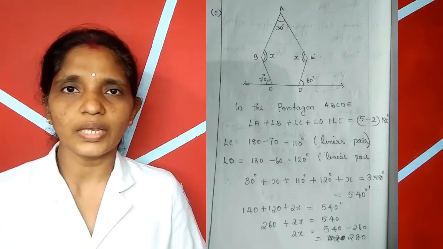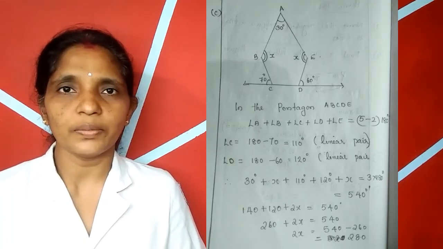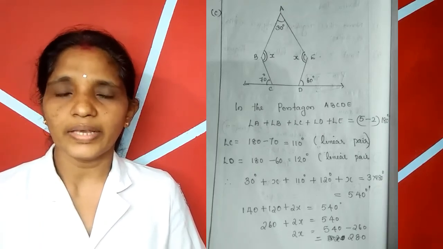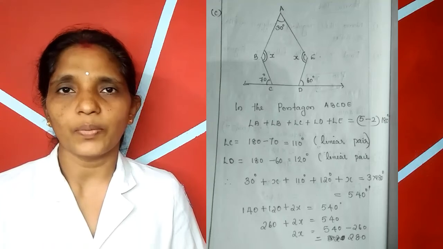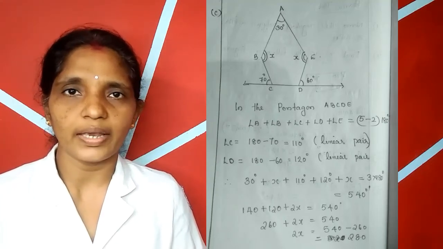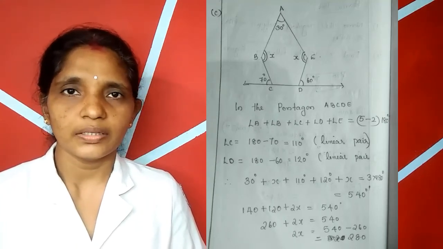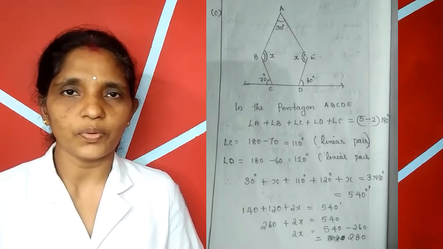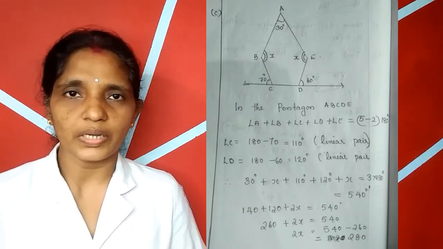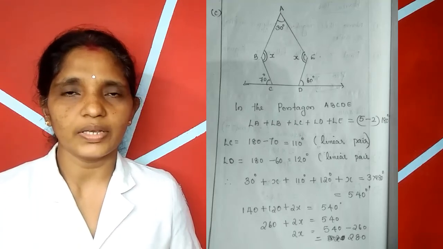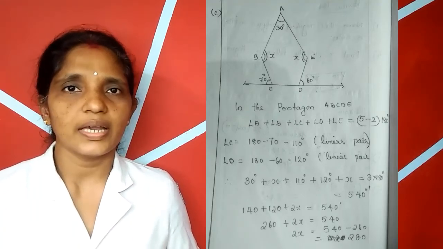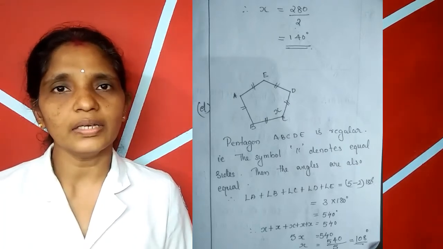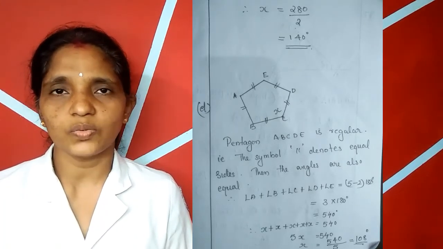So, by using that property, we will find B, C, D, E. And then we will use the angle sum property of a pentagon. Then you are solving for x. So try that problem and use the properties well. And we will get the answer for x, that means the sum of the angles equal to which one?